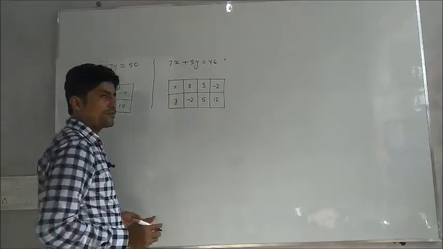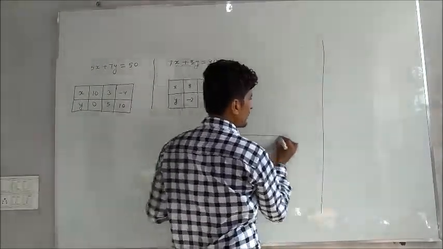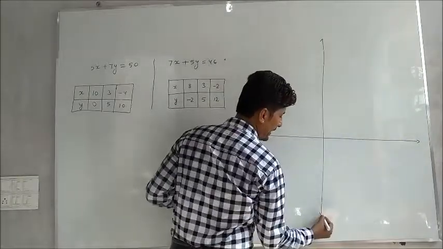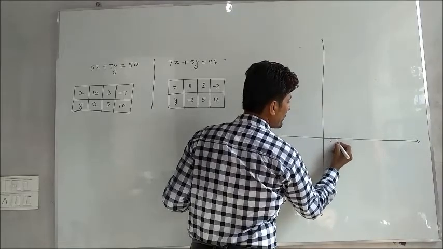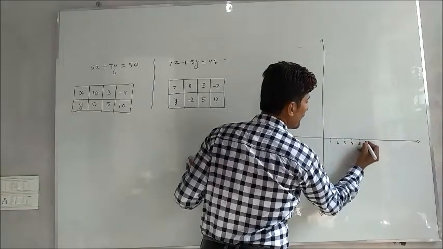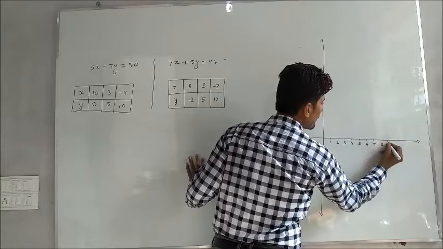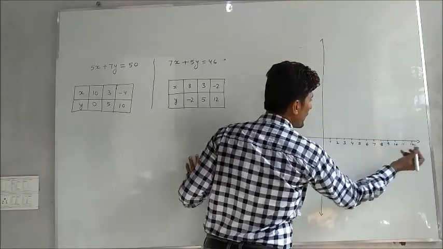After that, we have to draw both the axes, the x axis and the y axis. And we have to put the numbers on the right side, left side, upward direction and downward direction. 1, 2, 3, 4, 5, 6, 7, 8, 9, 10, 11, 12, and so on.